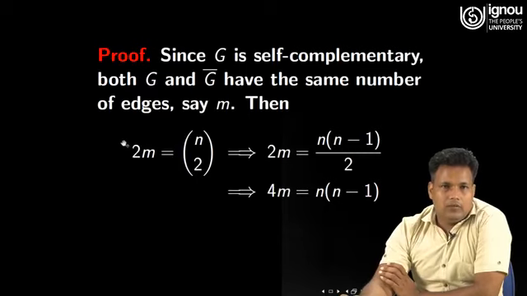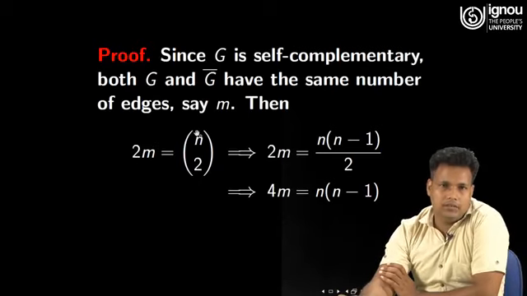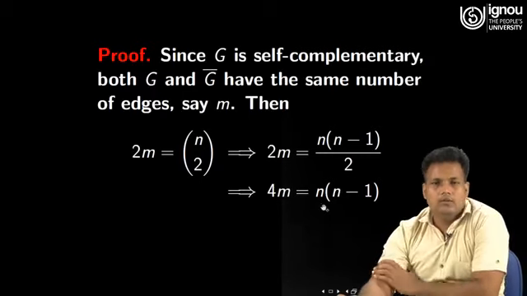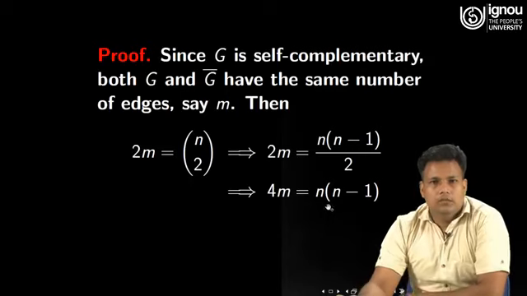Hence, if you add the number of edges of G and G bar, what you get is the size of the complete graph on n vertices, that is 2m equals n choose 2, which implies 2m equals n into n minus 1 by 2, and now this implies 4m equals n into n minus 1. So from here it is clear that either n or n minus 1 is a multiple of 4, right? That is, either n or n minus 1 is divisible by 4.